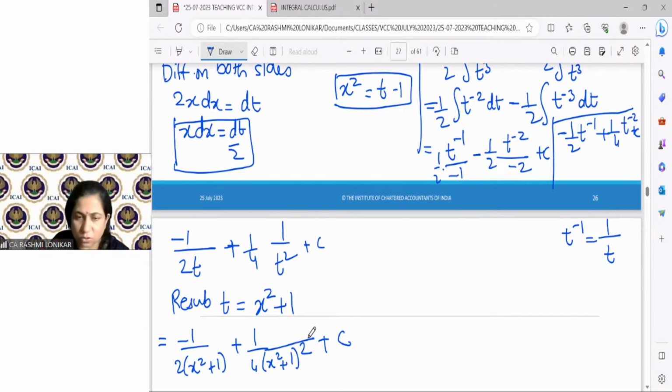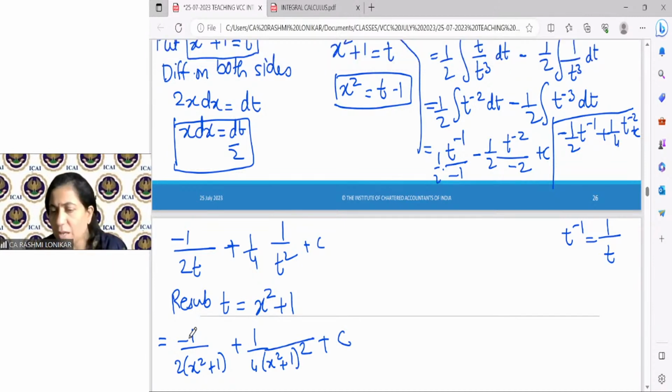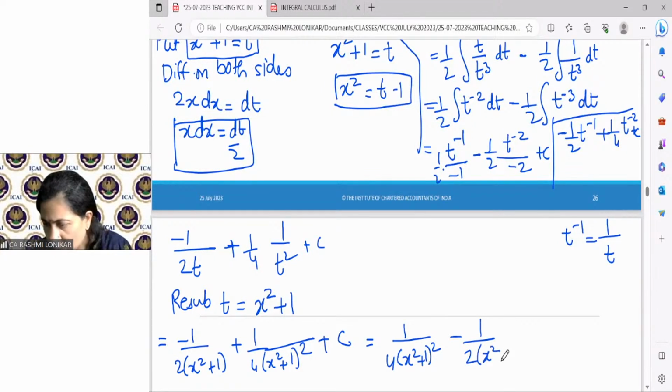Now have you understood? Okay. And because there is a minus sign in the first term, I will write it as 1 upon 4 into x square plus 1 whole square minus 1 upon 2 into x square plus 1 plus c.